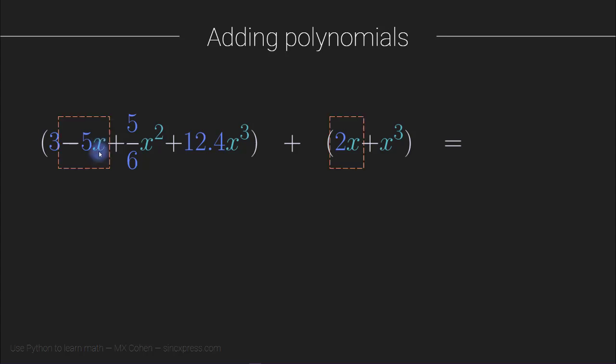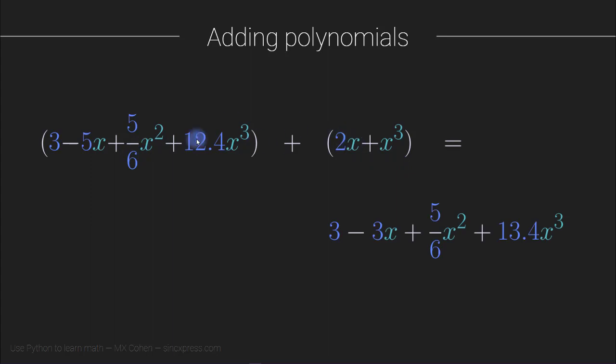So for example, minus 5x and plus 2x can be combined into minus 3x. And then over here we have 12.4 x cubed and just regular x cubed. These are both positive, so you add these together, that becomes 13.4 x cubed. So the end result of the addition of these two polynomials is this polynomial.